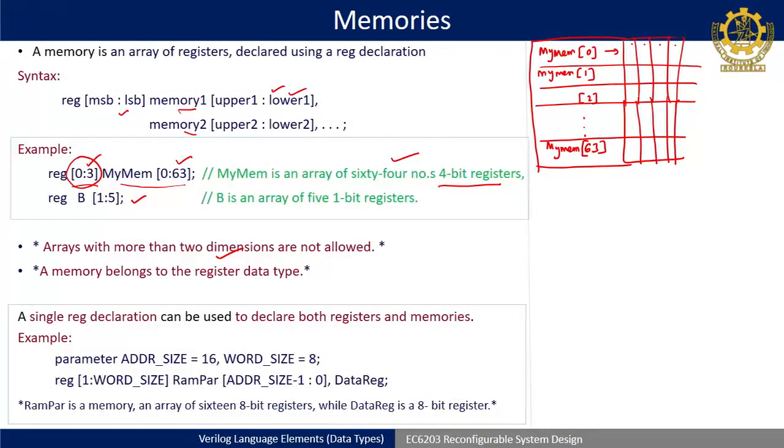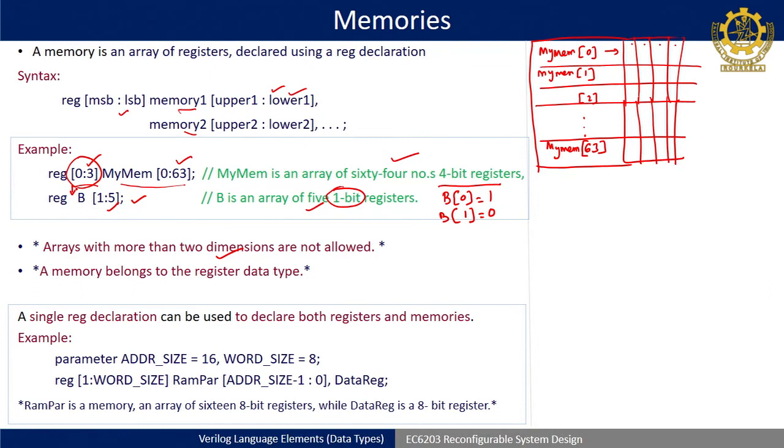Okay. Now you see the next example, it is written reg B [1:5]. So in this case, how many locations are there? Here 5 locations are there, but each location can contain only a 1-bit register. So I can say B0 is equal to 1, B1 is equal to 0, like these 5 locations will come and each is 1 bit.